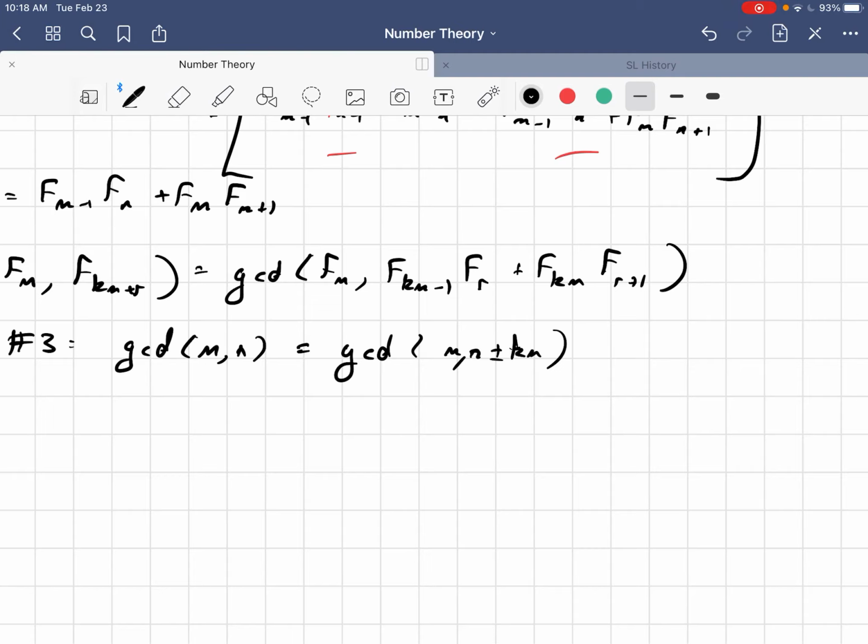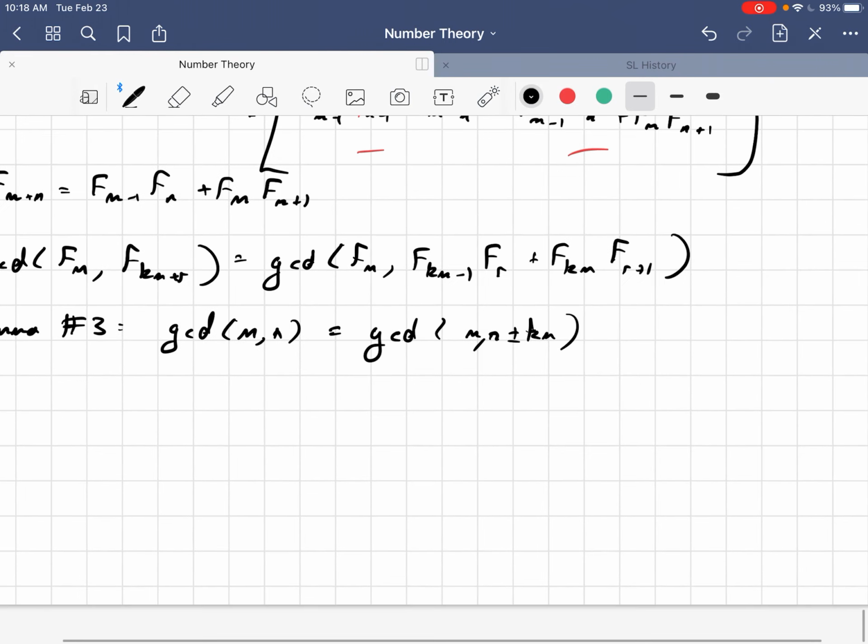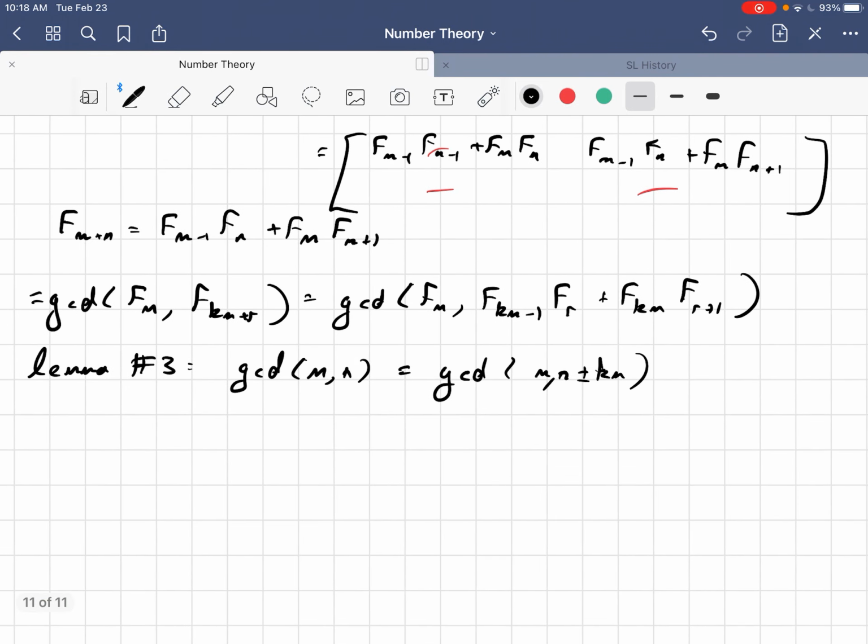It just says that if we have two numbers m and n, and we want to find their greatest common divisor, we can add multiples of one number to the other number as many times as we want, and that's not going to change anything about the greatest common divisor that they share, right? Because I'm just adding multiples of m to n, but I'm not adding any new divisors to it because I'm going by units of m. And so this I will consider proved.